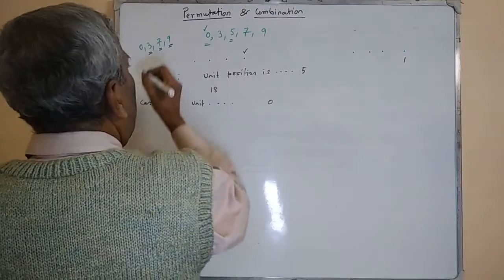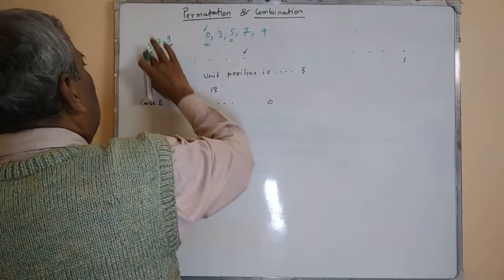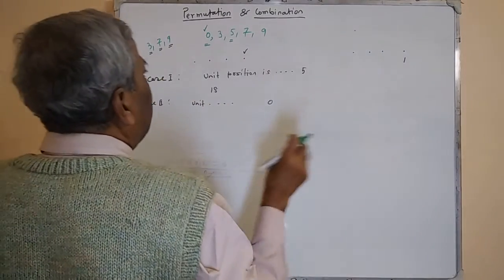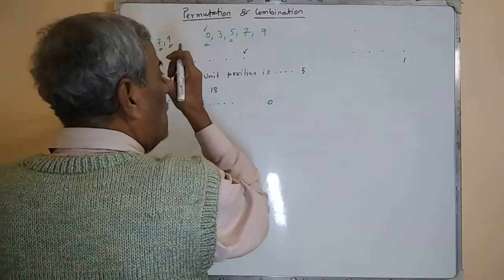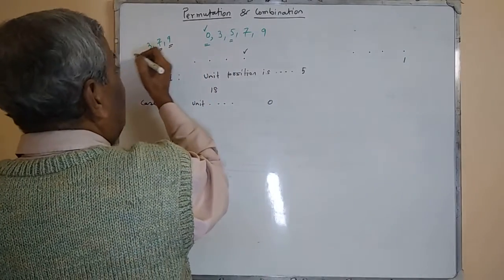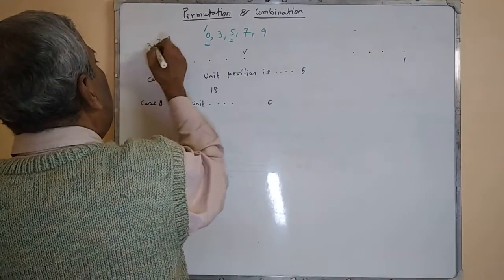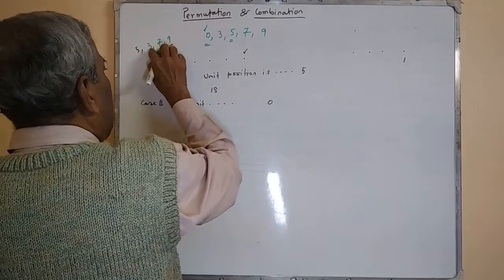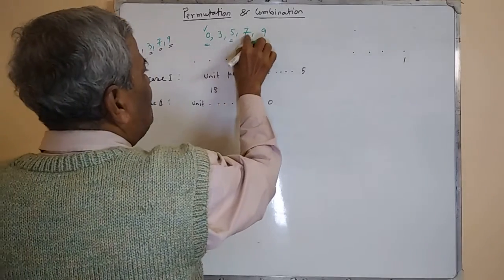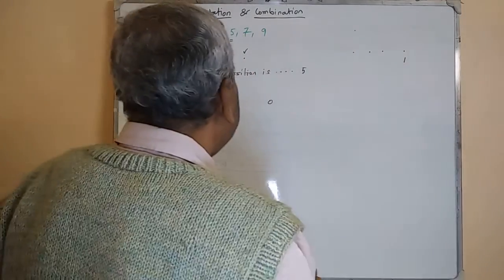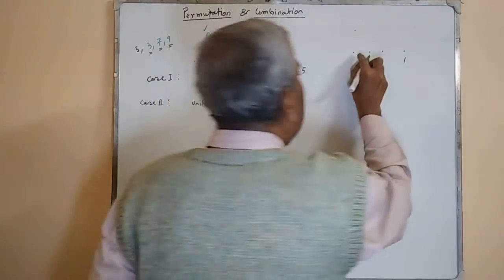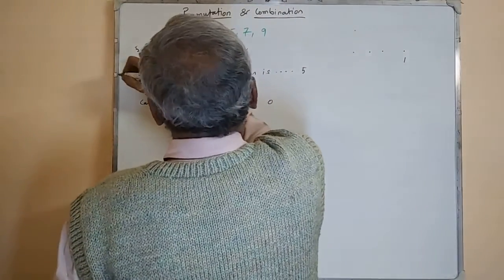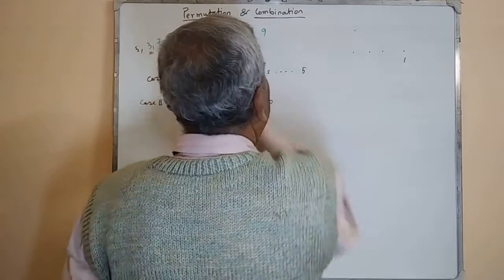So actually, what is our position now? 0 is already engaged there. So the only digits left are 3, 5, 7, 9. So the 1000 position I can fill by 5 also, 7 also, 9 also.